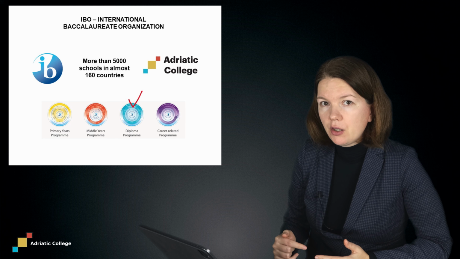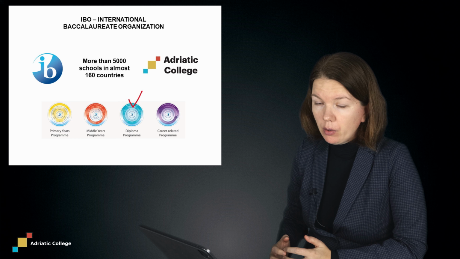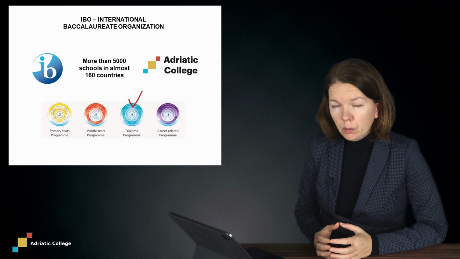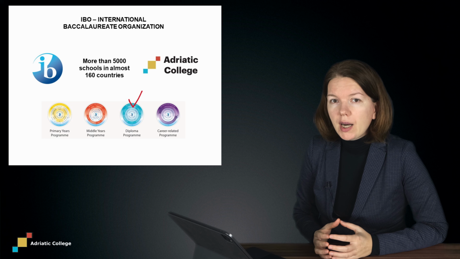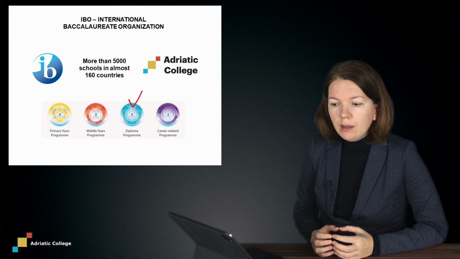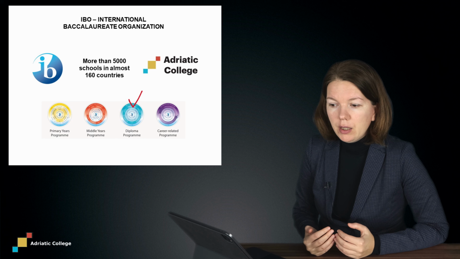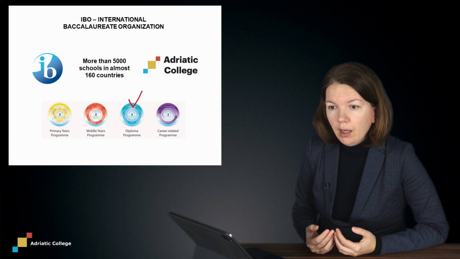Currently, there are more than 5,000 schools in more than 160 countries authorized by the IB organization, and they implement different programs. We, as a school, were authorized by the IB in May 2021, and I must say that the authorization process was quite a long and challenging journey.